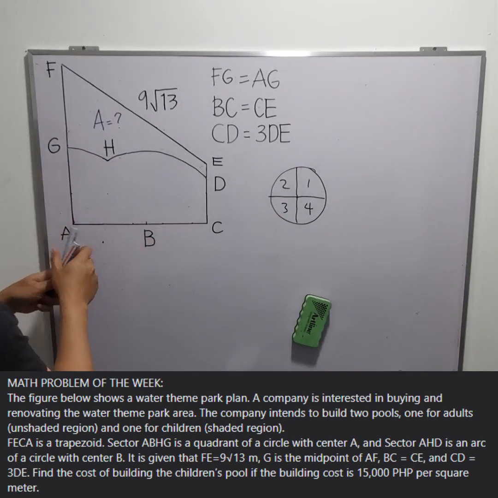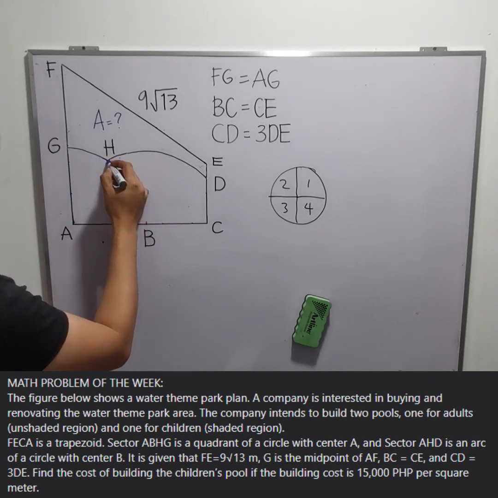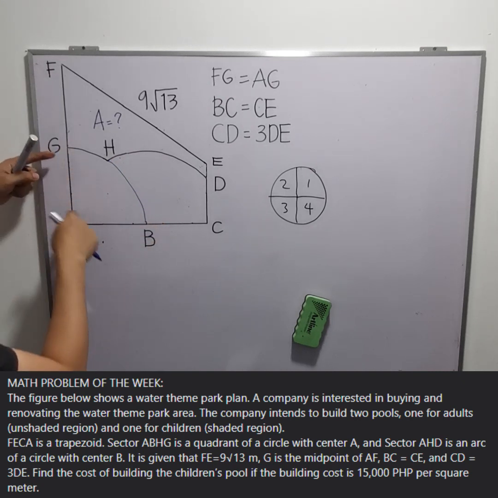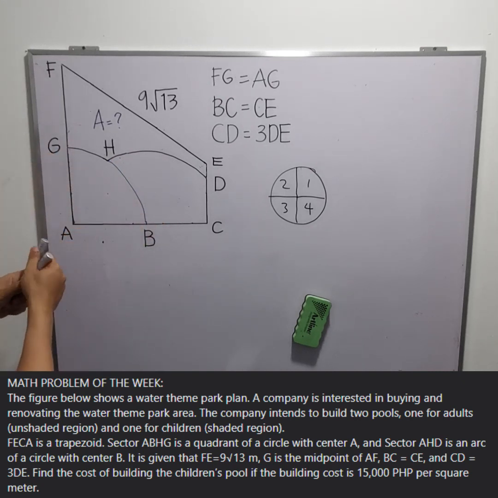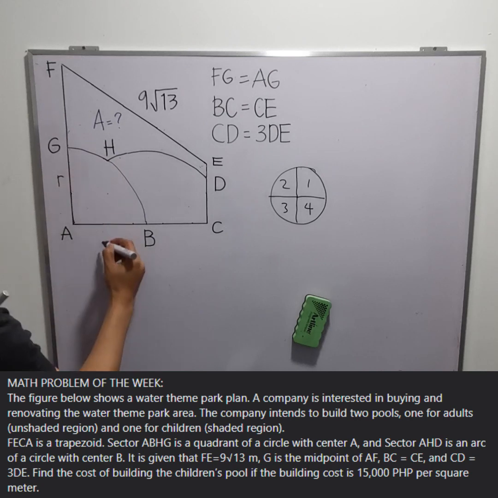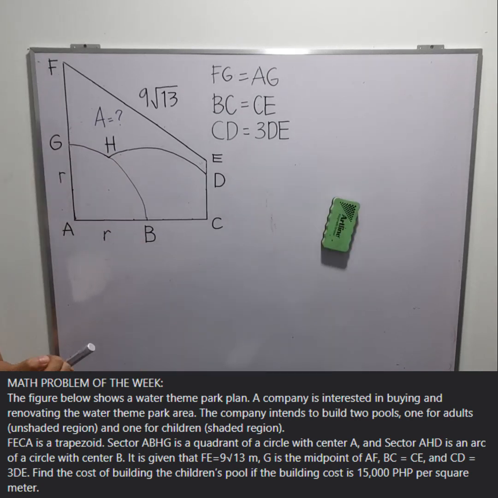If you extend this arc up to this point, it will look like this. So this is your quarter circle, and this length here is the radius of the circle. Then sector AHD is an arc of a circle with center B. So where's AHD?